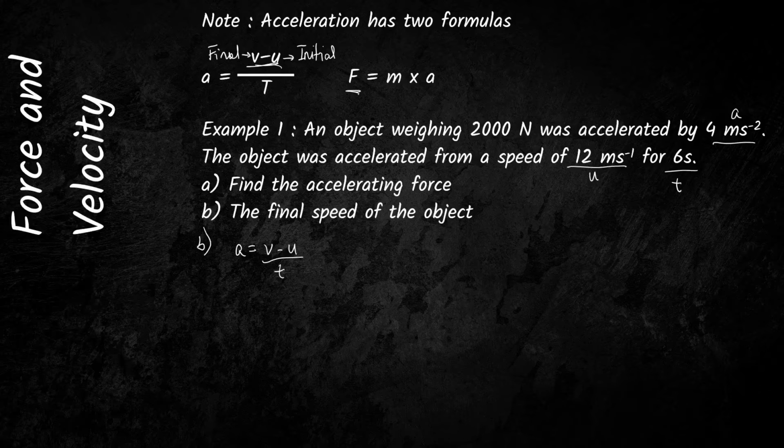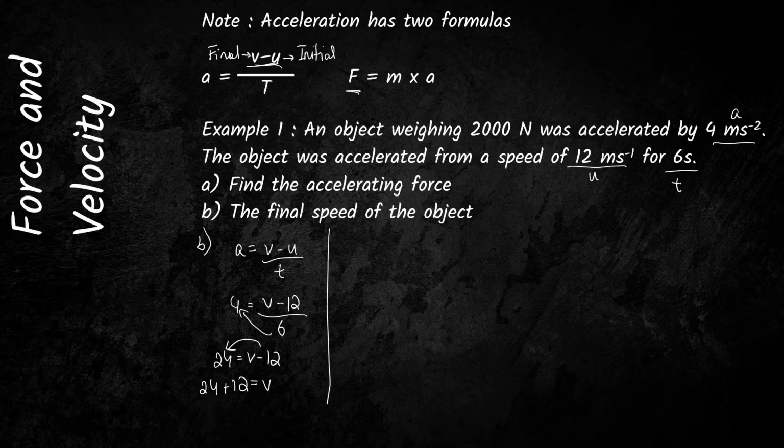We are going to use this formula, a being 4, v we want to figure out, u is 12, divided by t, which is 6. 6 cross multiplies, so multiplied with 4 gives me 24, is equal to v minus 12. 12 goes over here, minus 12 becomes plus 12, so 24 plus 12 is now going to be equal to v. So that was part B.